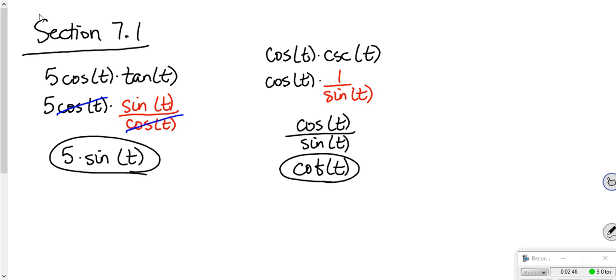Okay, what about having tangent squared x minus secant squared x? Well, tangent squared x minus secant squared x. Tangent squared x, again, we are going to find or rewrite that in terms of sine and cosine. Okay?